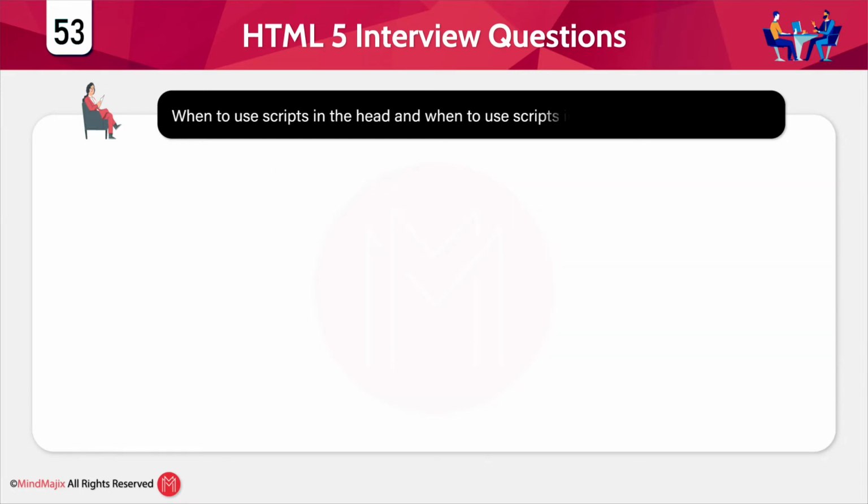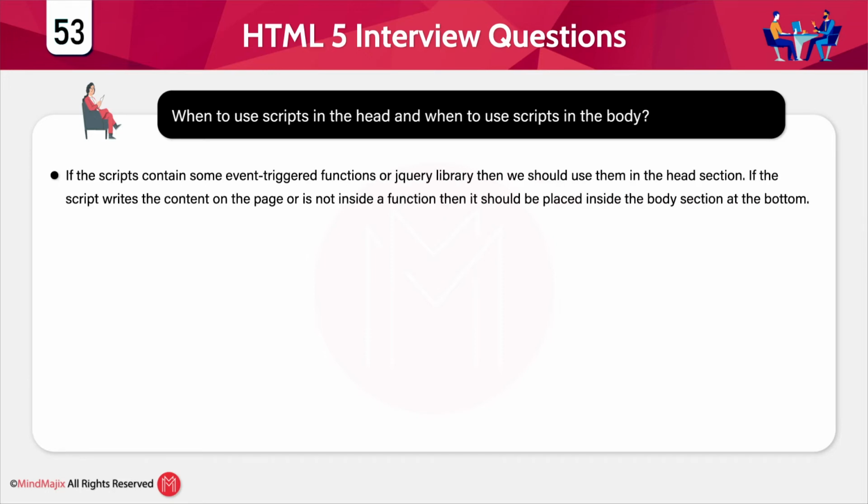When should we use scripts in the header tag and when in the body tag? If the scripts contain event-triggered functions or the jQuery library, then we should use them in the head section. If the script writes the content of the web page and is not inside a function, then it should be placed inside the body section at the bottom.